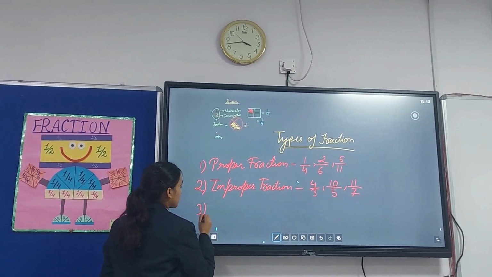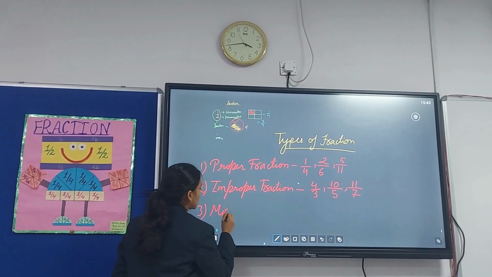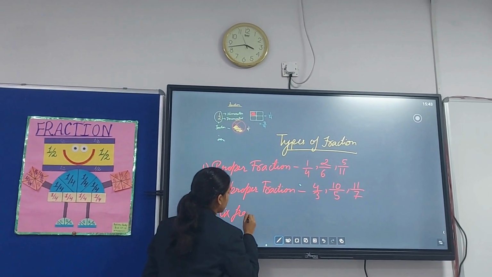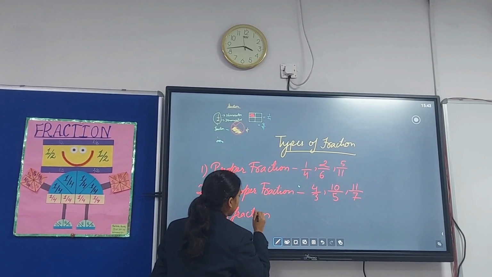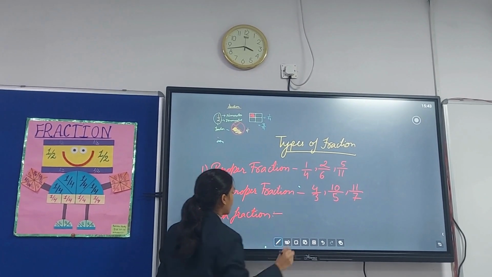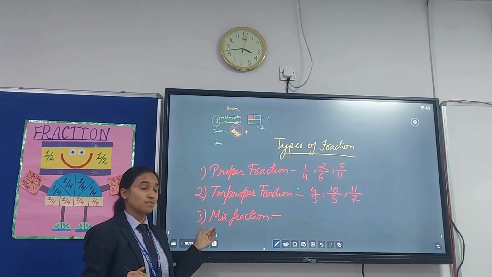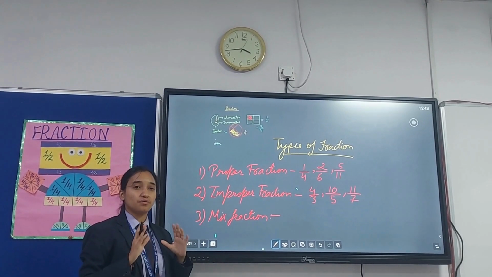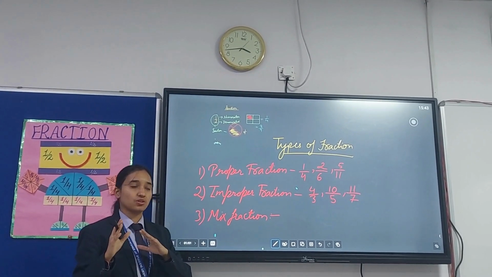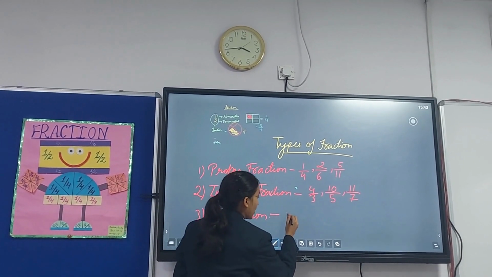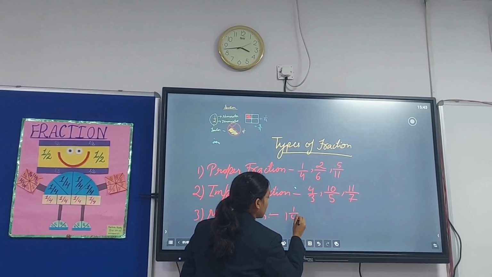Now third one is mixed fraction. As the name suggests, mixed. It is a combination of whole number and a proper fraction. For instance, 1 and 1 by 4.